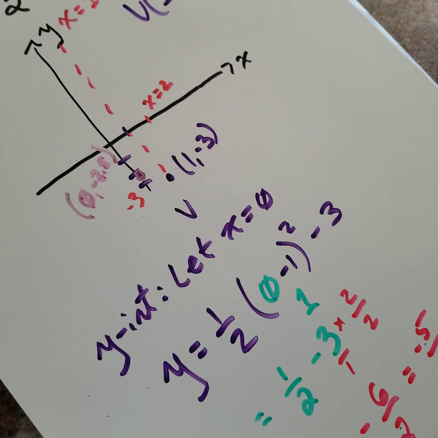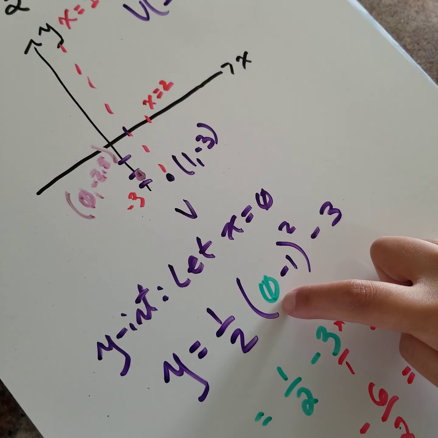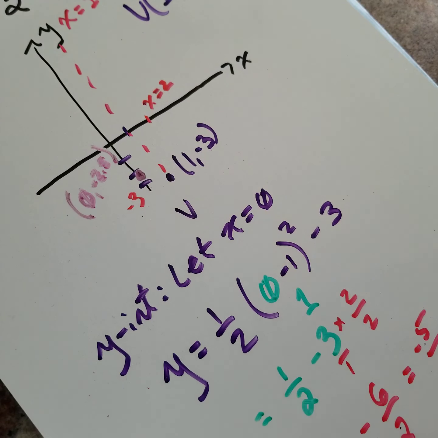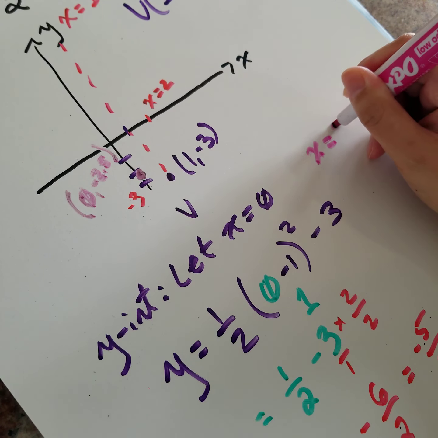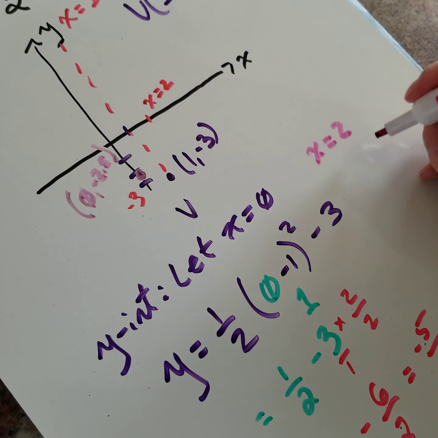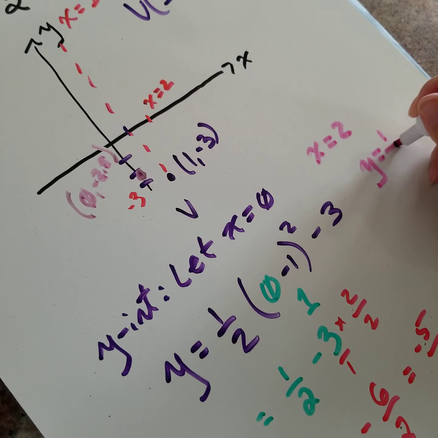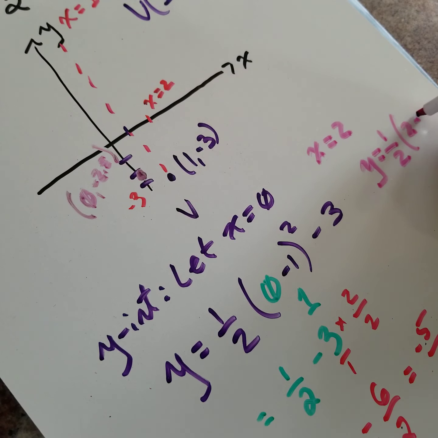So if I were to check another point, I would literally substitute, instead of 0 here, x is equal to 2. So let's try that. So x is equal to 2. I'm going to just write it here on the side. y is equal to a half, and this would be 2 minus 1 squared minus 3.